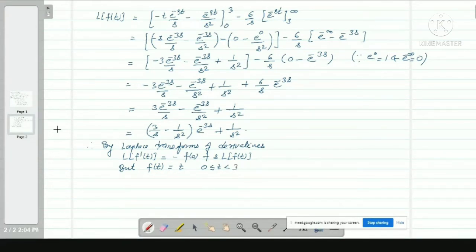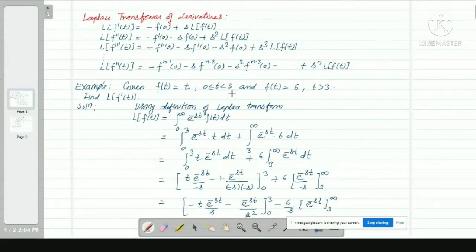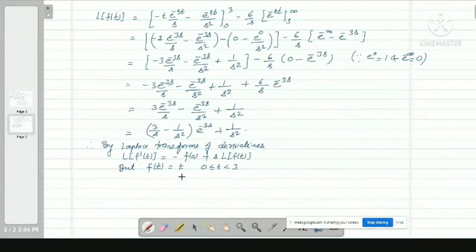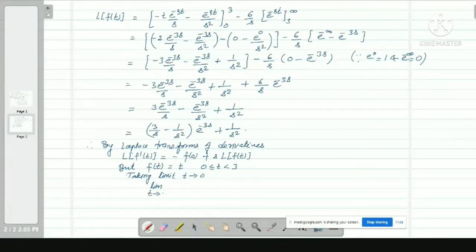Why am I taking this function? Because the other function starts from 3 and goes 3, 4, 5, 6 up to infinity, so it will not include 0. This one starts from 0 and goes to 3, so we take this function. Now we find the limit of this function at t tending to 0. Limit t tending to 0 of f of t is equal to f of 0.